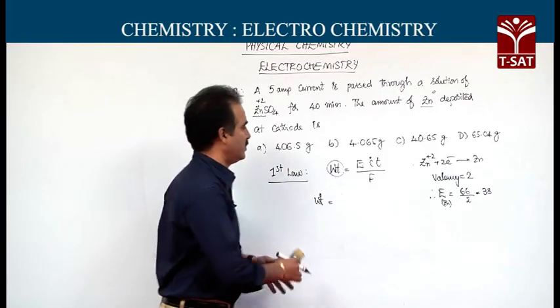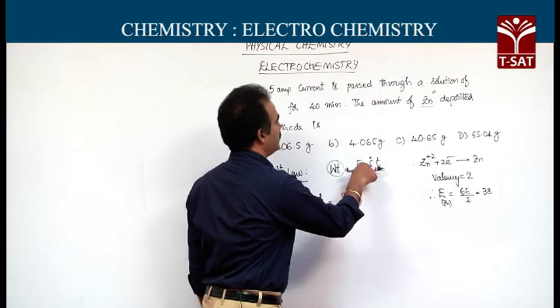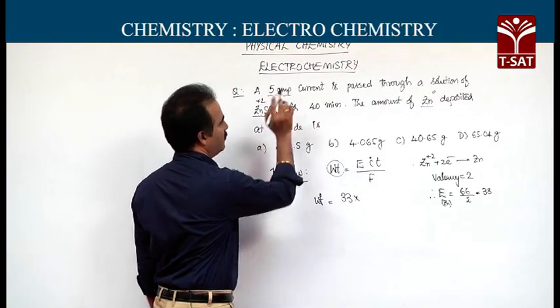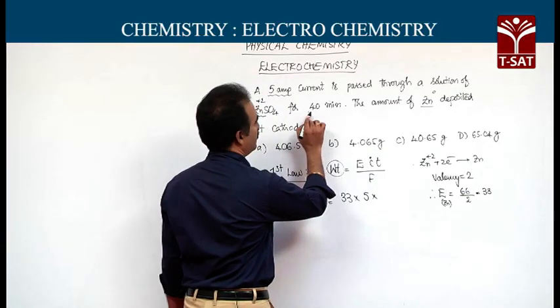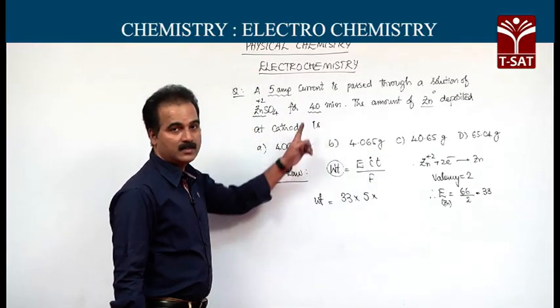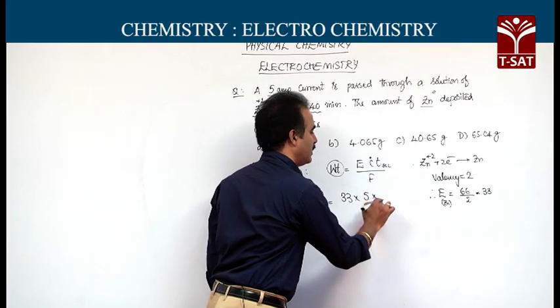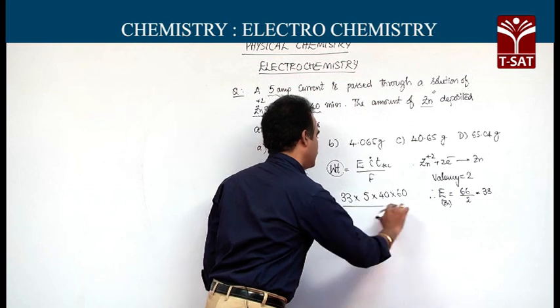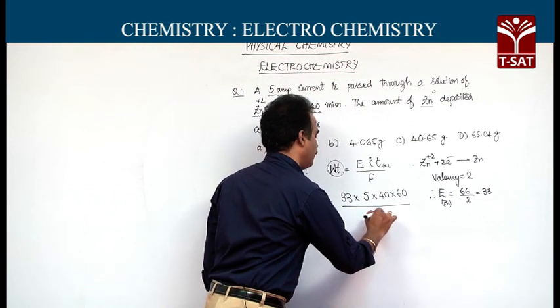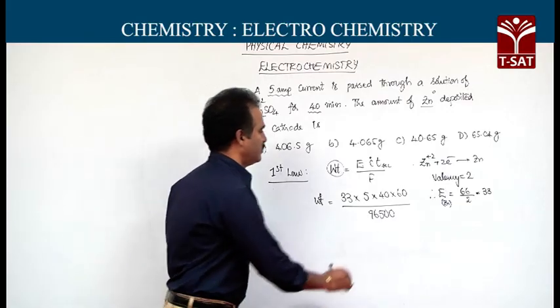Now, according to this, the weight of the zinc deposited will be equivalent weight, that is 33, and the current strength we are using is 5 ampere. So, 5 amperes, and the time allowed for electrolysis is 40 minutes. We should take time in seconds, that is 40 minutes means 40 into 60 seconds. 1 Faraday is 96,500 coulombs.